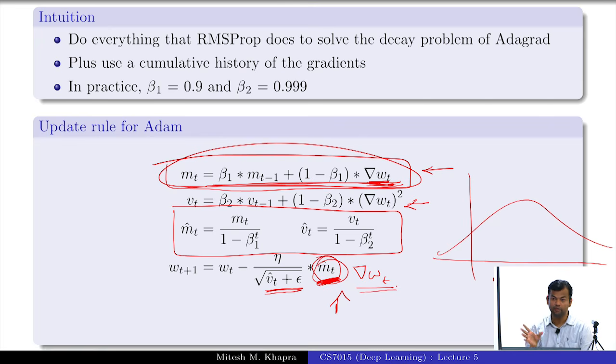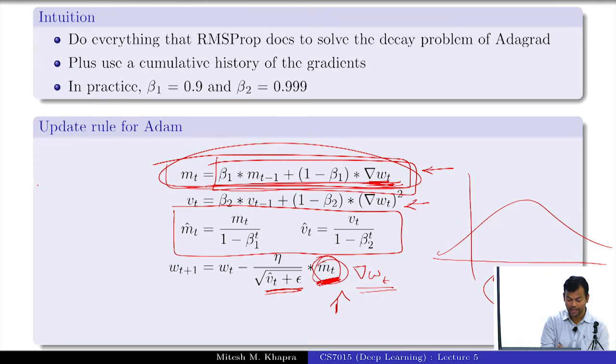So what we want is that whatever update we make should be very close to the mean of the distribution. And instead of computing the mean, we are computing a moving average, an exponentially moving average. So now what do we actually want? Say GT is the random variable denoting the gradient.